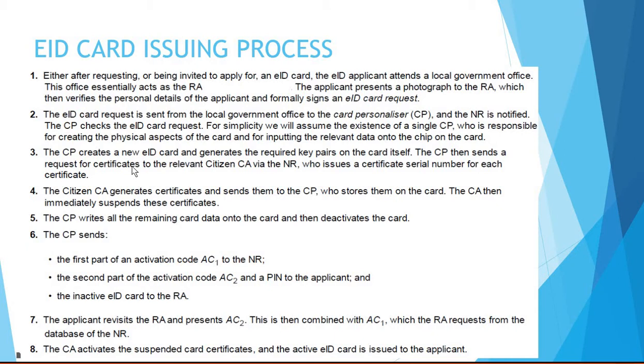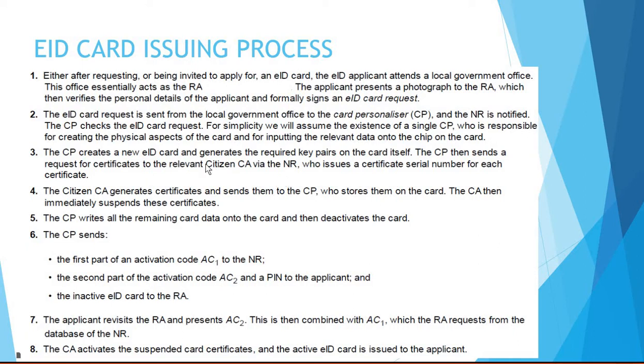And it will generate the key pairs. Okay, so if any master key pairs and all are needed, they will be generated and written on the card. Okay, so that will be sent to the citizen certification authority as well as to the national register.